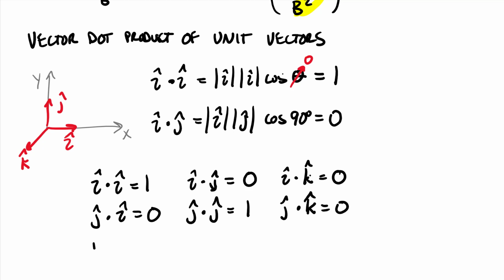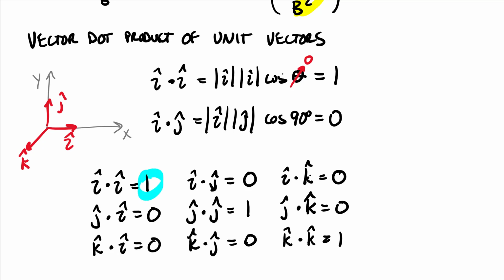Last row here leading with k hats, k hat dotted with i hat equal to 0, k hat dotted with j hat also equal to 0, and then k hat dotted with k hat is equal to 1. Okay, so what we can recognize is that the only terms that are non-zero are the parallel components.